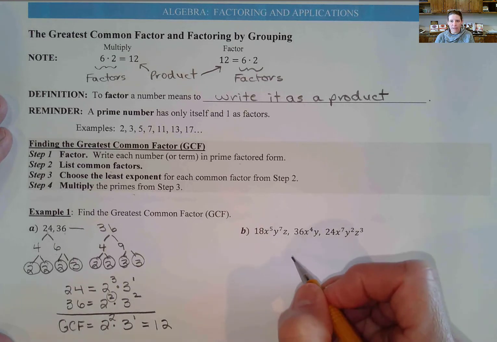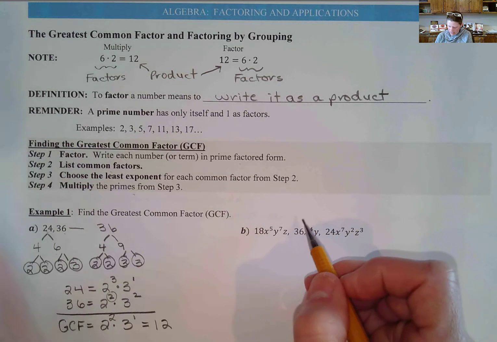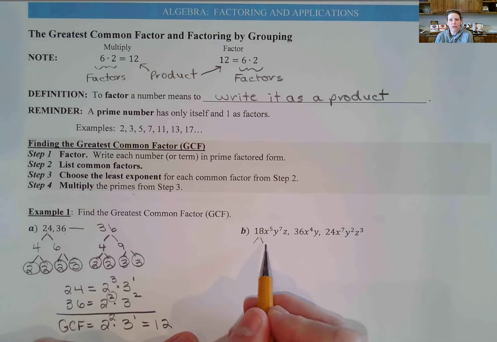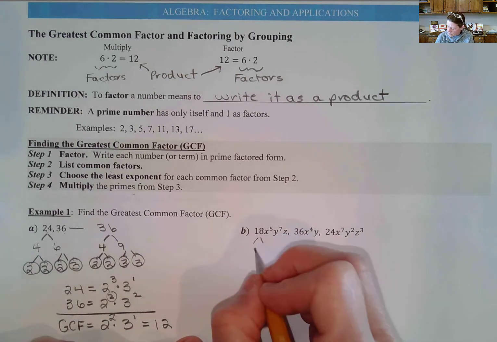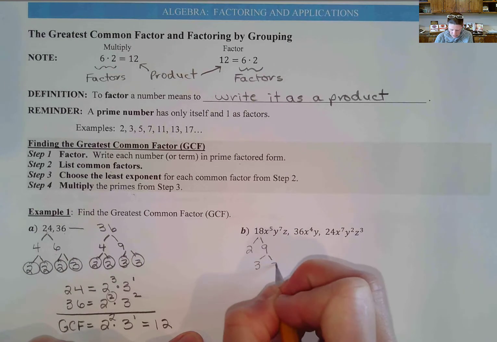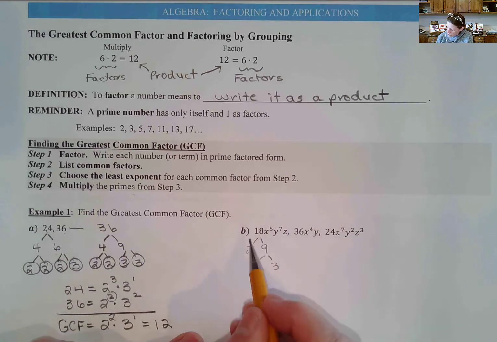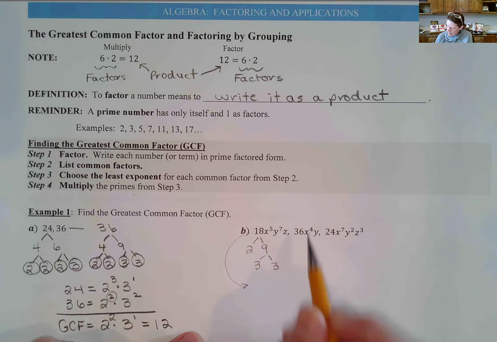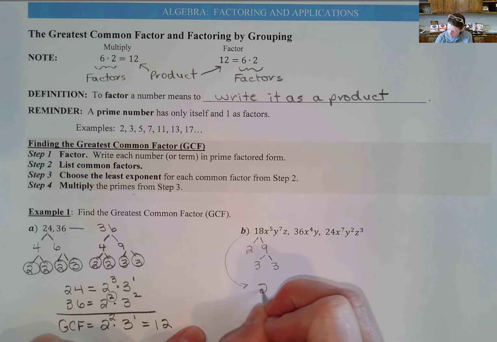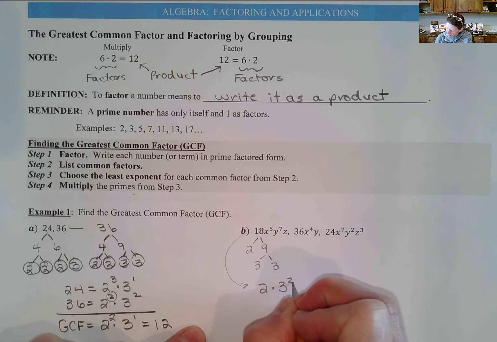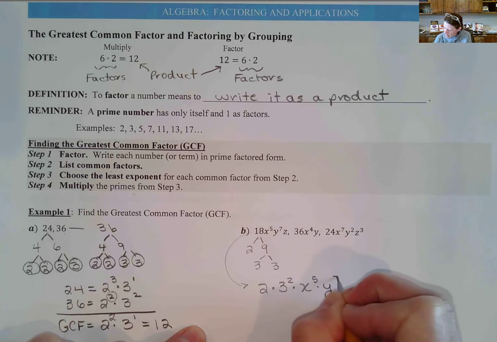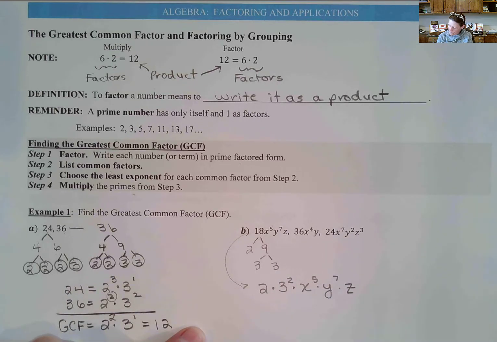Well, let's look at part B. Still, we want to find the greatest common factor, and let's use a factoring tree for 18 also. 18 is 2 times 9, which is 3 times 3. And so 18 x to the 5th, y to the 7th, z in prime factored form is 2 times 3 squared times x to the 5th, y to the 7th, z.